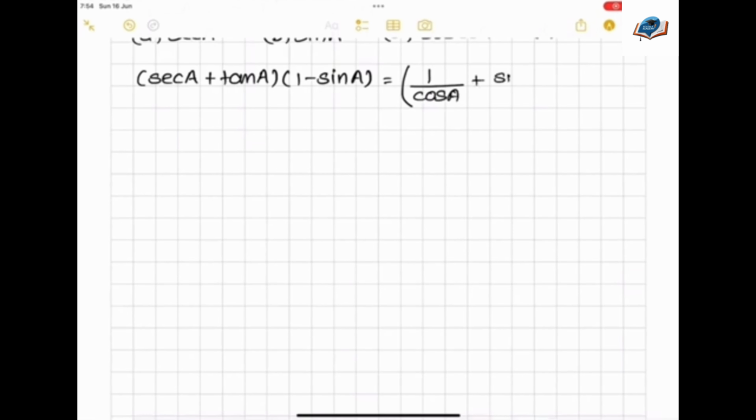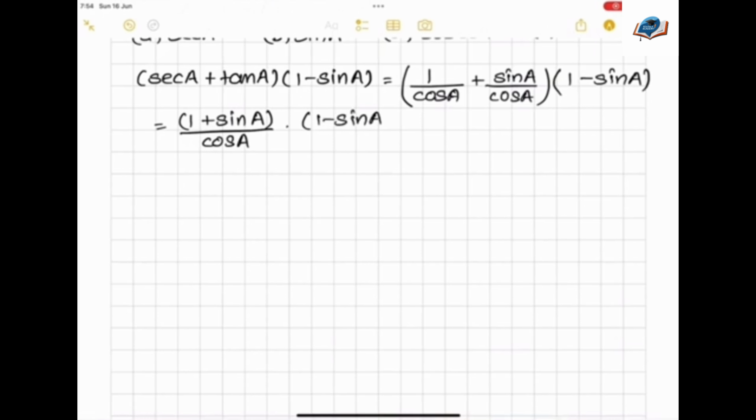So 1 upon cos A plus sin A upon cos A into 1 minus sin A. So if I do LCM, so 1 plus sin A upon cos A into 1 minus sin A. So in the numerator I am having 1 plus sin A, 1 minus sin A. So that will be 1 minus sin square A whole upon cos A. Now I know that 1 minus sin square A is cos square A. So cos square A upon cos A. So cos A got cancelled. So my answer will be cos A.